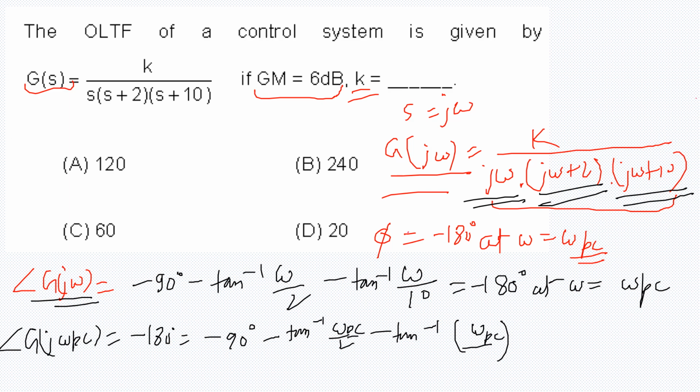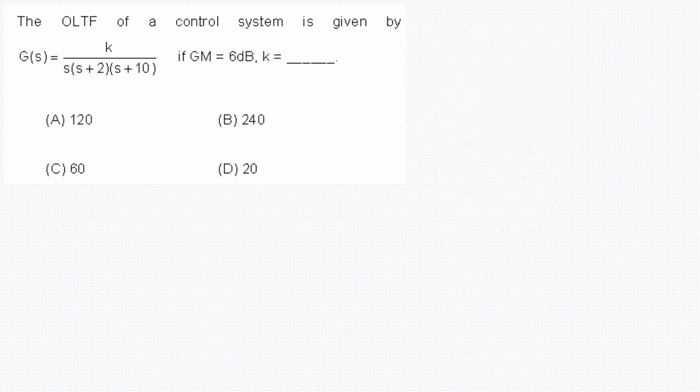So now here we need to first find our omega pc. Once we get our omega pc, we will find our gain margin and equate it with the gain margin that is given in the system. So let me write it again for you.